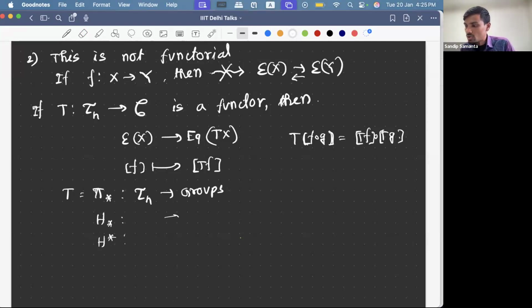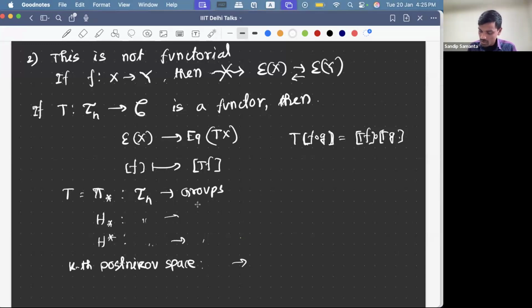Another thing is the kth Postnikov space functor. It sends X to its kth Postnikov space. That's another possible invariant that also gets mapped.